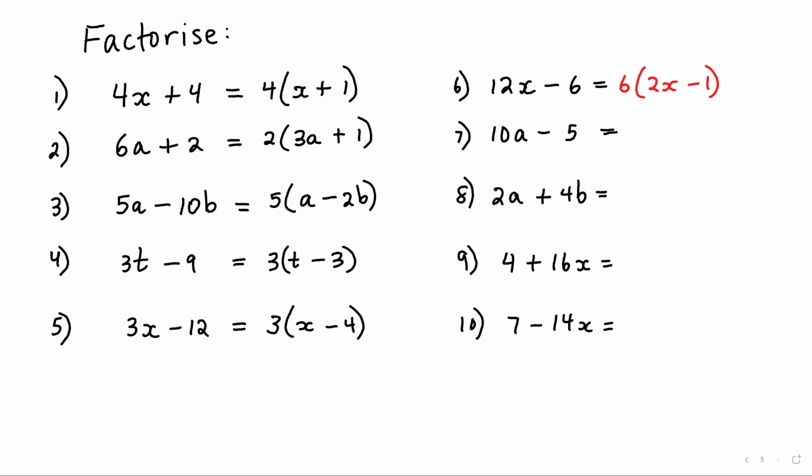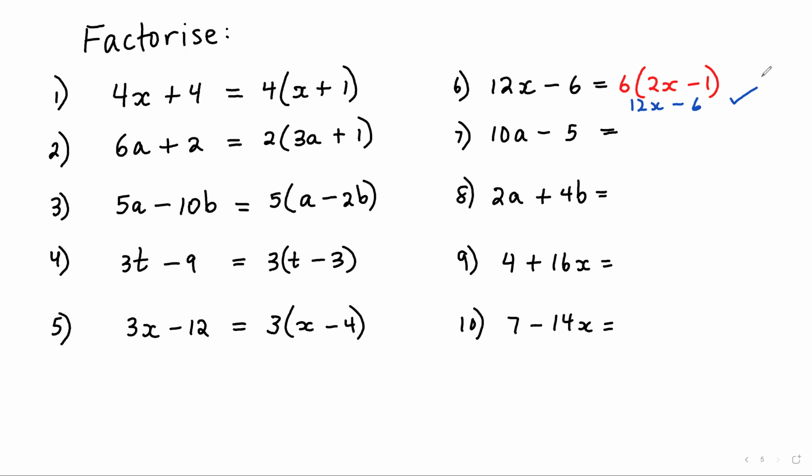Remember, to check if your answer is correct, you simply need to expand these brackets to make sure you get the same thing. So 6 times 2x is 12x, and 6 times minus 1 is minus 6. So you see, you get the same thing, it's correct, right? So make sure that's how you check your answer, okay?